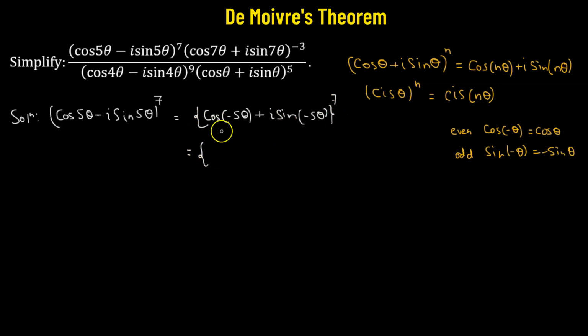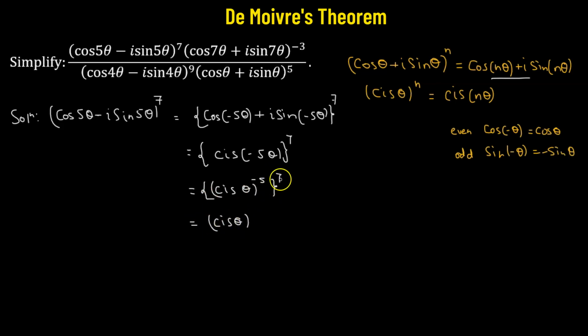If we use De Moivre's theorem, this is simply equal to cis of negative 5 theta, written in compact form, raised to the power of 7, which equals (cis of theta raised to the power of negative 5) whole raised to the power of 7, which is simply cis of theta raised to the power of negative 5 times 7, that is negative 35. With this, we have simplified our first expression.